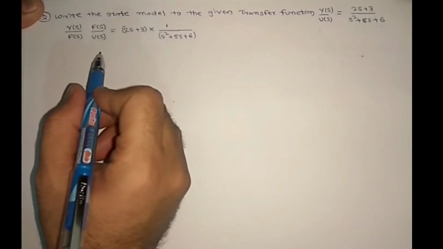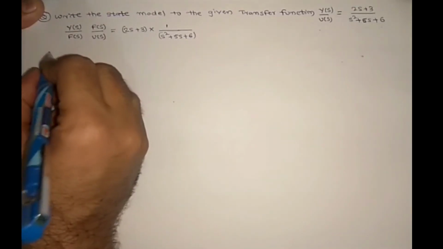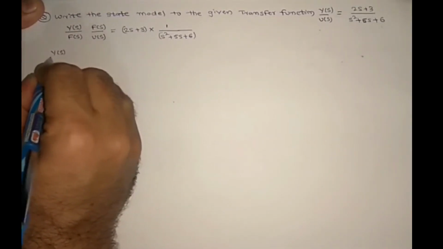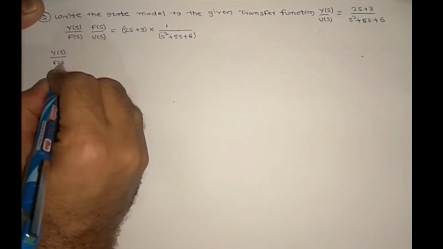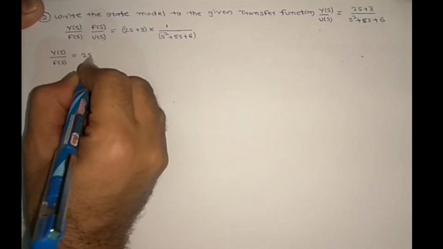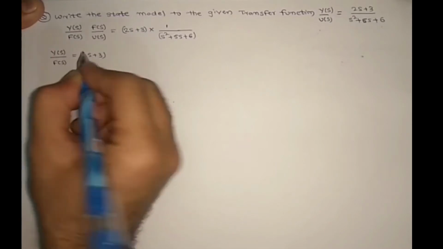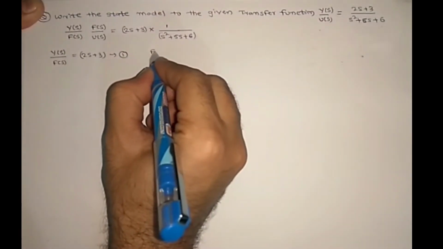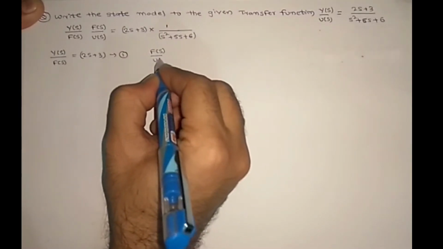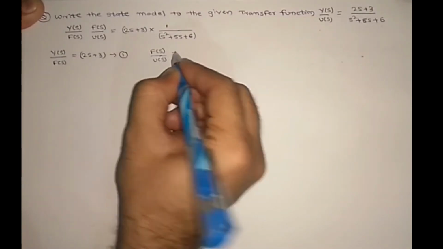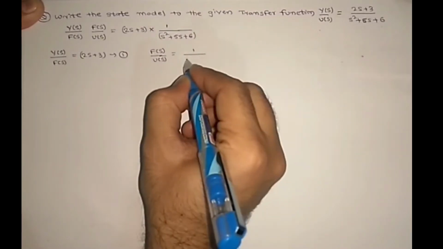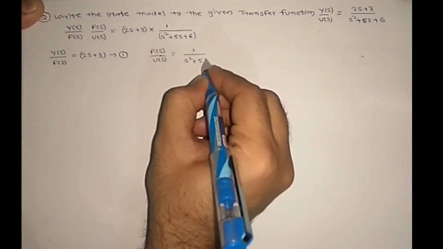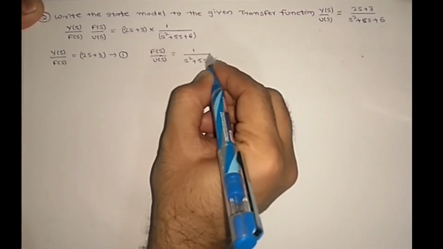So this one I am going to split into two equations. y of s by f of s equal to 2s plus 3. This is equation number 1. And f of s by u of s equal to 1 by s square plus 5s plus 6.